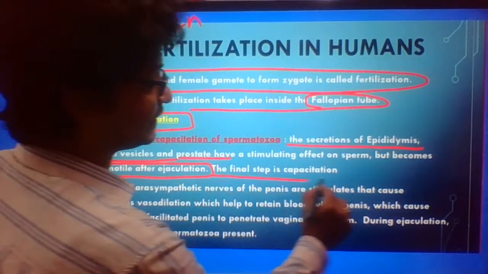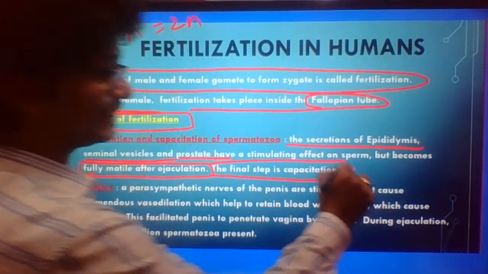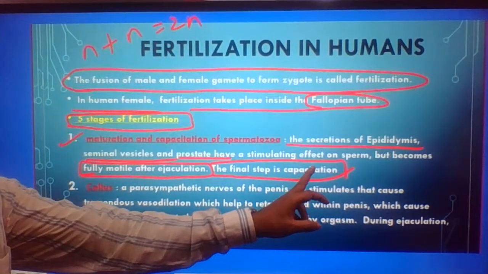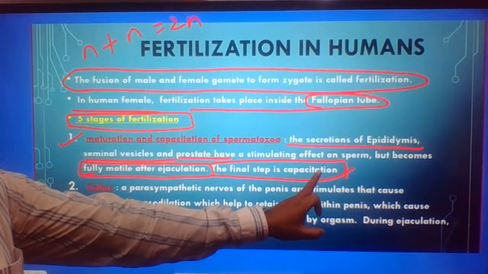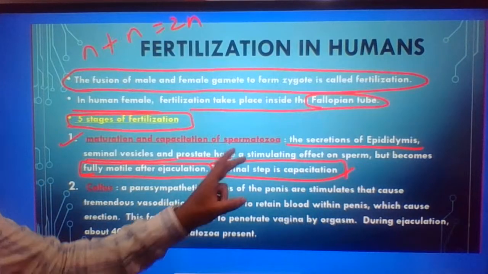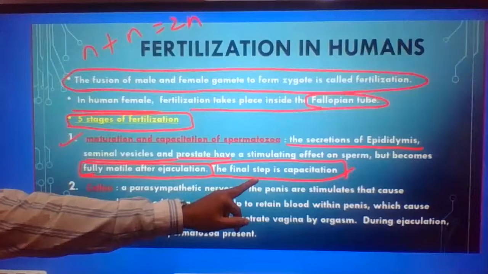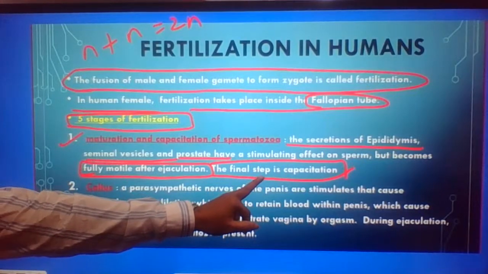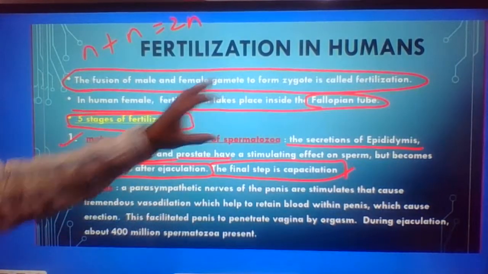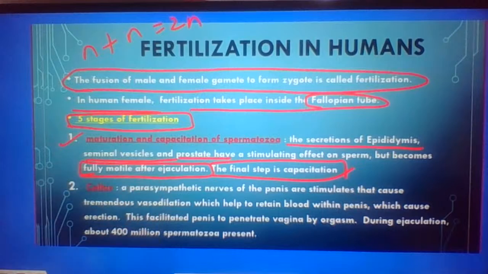The final step of the maturation is called capacitation. This is called sperm capacitation. This is the first stage. First the sperm must be completely matured, by means of capacitation and the seminal secretions.